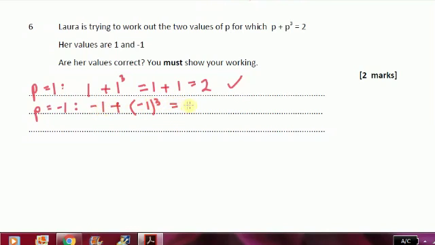So -1 for the first part, plus -1 times -1 is 1. 1 times -1 is -1. So -1 plus -1 is -2, which is not what I should get. So that is not a solution. So Laura, her values are not correct.